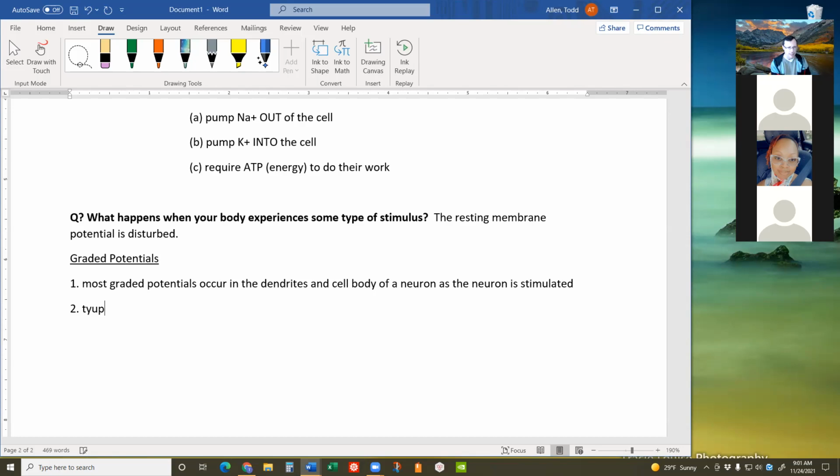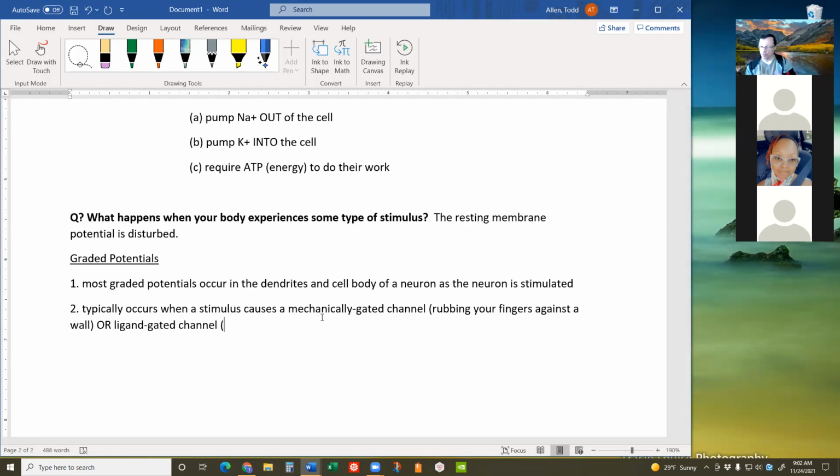So this typically occurs when a stimulus causes a mechanically gated channel, and I'll put it here, rubbing your fingers against the wall, or ligand-gated channels, such as the odor of a cooking turkey, causes these channels to open or close.